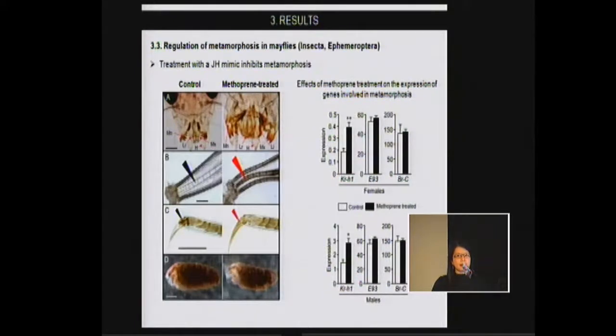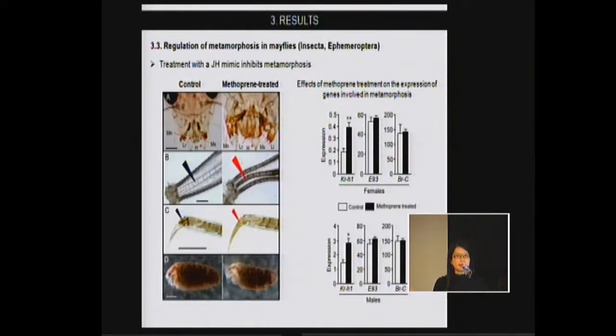But these methoprene-treated nymphs still produce the new mandibles, they still form the central filament, and the shape of the last tarsomere did not change to become short like a subimago. So this is the reason why I studied the morphological change during the last nymphal instar.